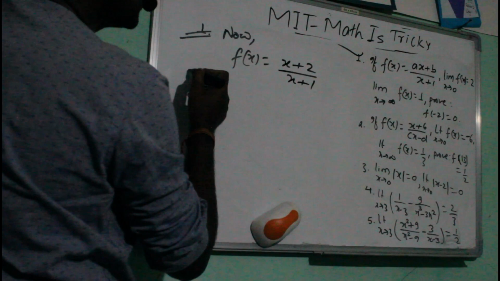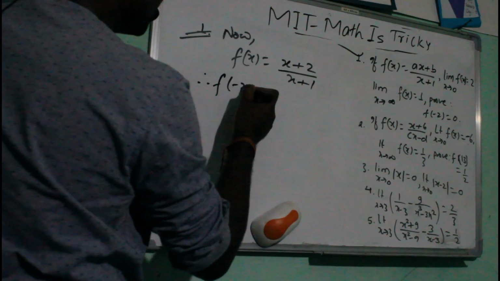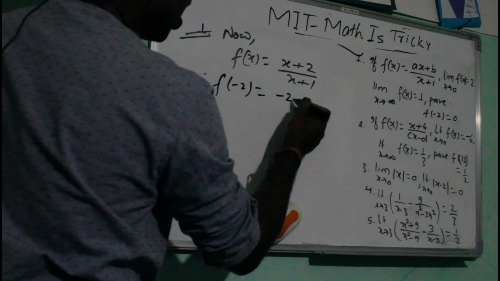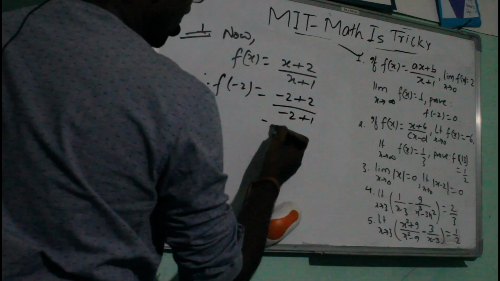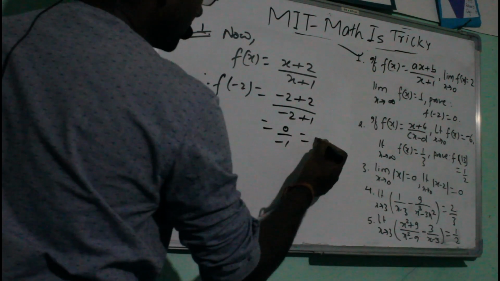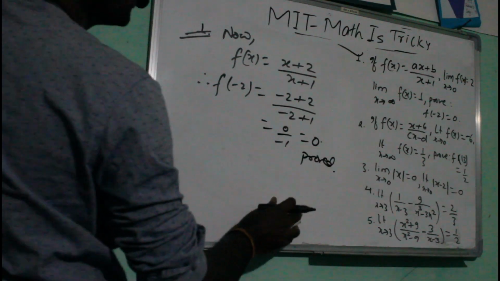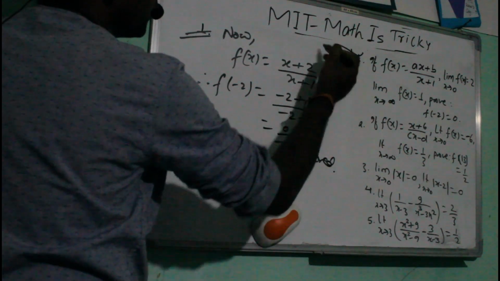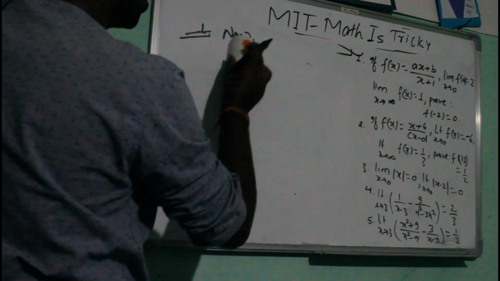Therefore f of minus 2, if we put x equals minus 2, so minus 2 plus 2 by minus 2 plus 1 equals 0 by minus 1 equals 0. Proved. This is the first part. So we have solved the first one. Let me solve the second question, and then we'll be solving the next one.